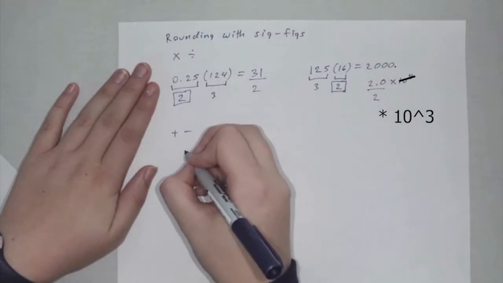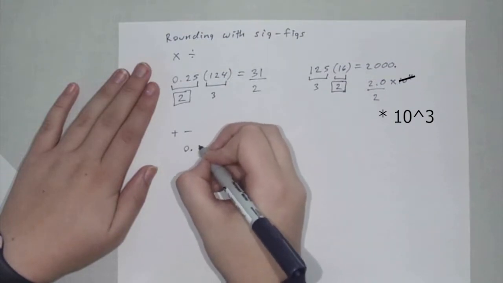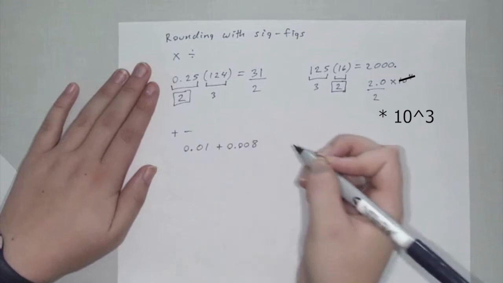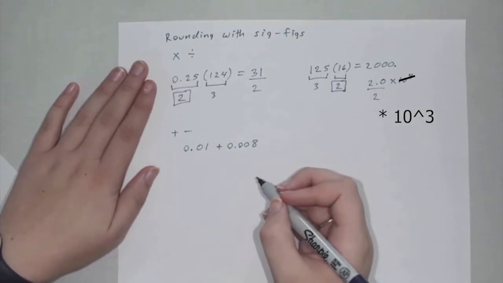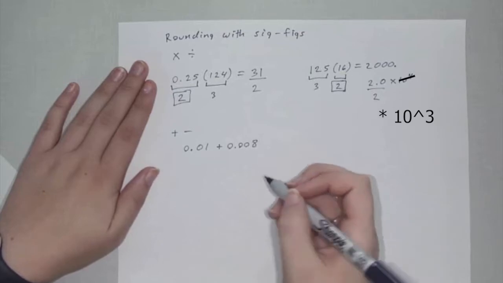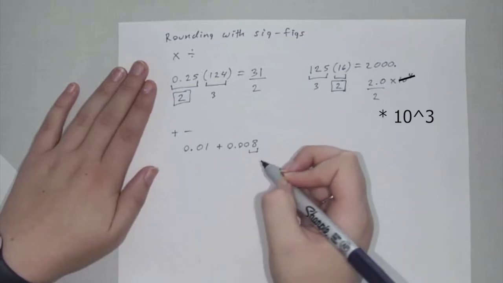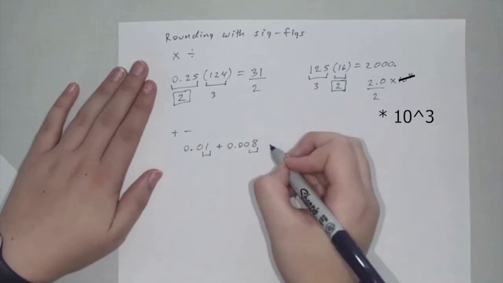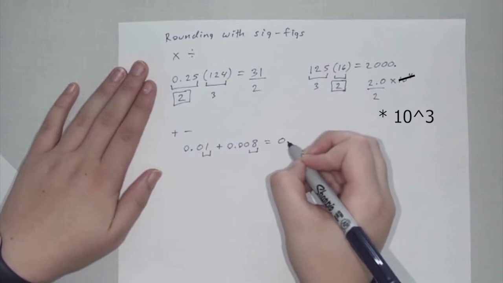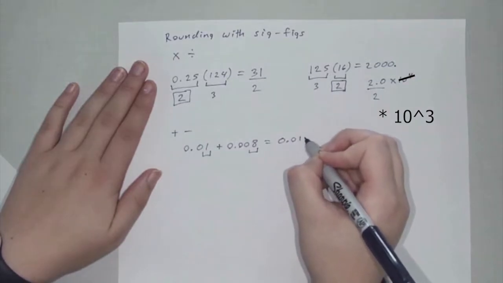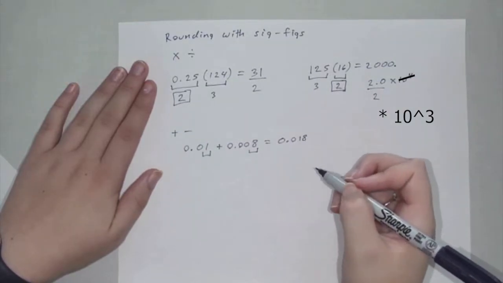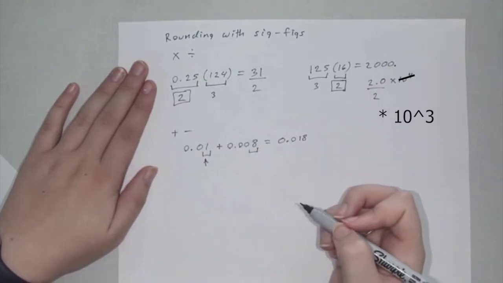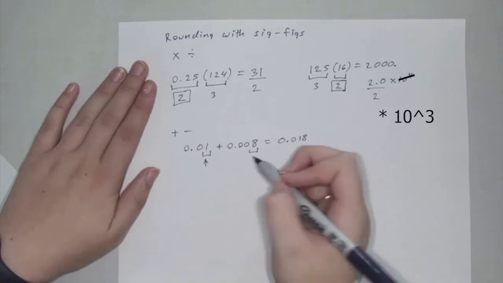So let's say we want to add 0.01, we want to add that to 0.008. Between these two numbers, the order of magnitude that is certain for both of them, for this number, it's the thousandths place, but for here, it's only the hundredths place, which means that even though adding these together normally gives us 0.018, we need to round this to the hundredths place because that is the order of magnitude that is certain for both of them.